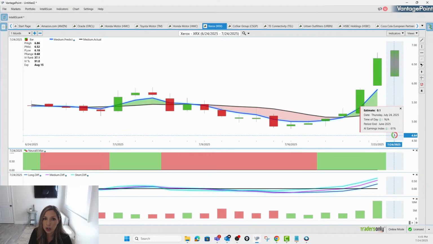So we would, of course, take a look at that asset to see what happened with Xerox. I'm not sure where it landed for today, but with that high volume, certainly we would potentially expect to see some rapid movement here.